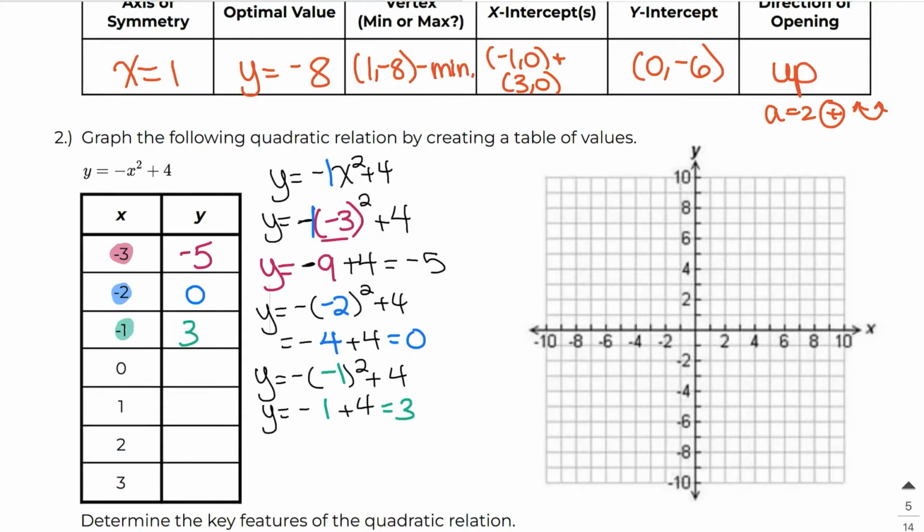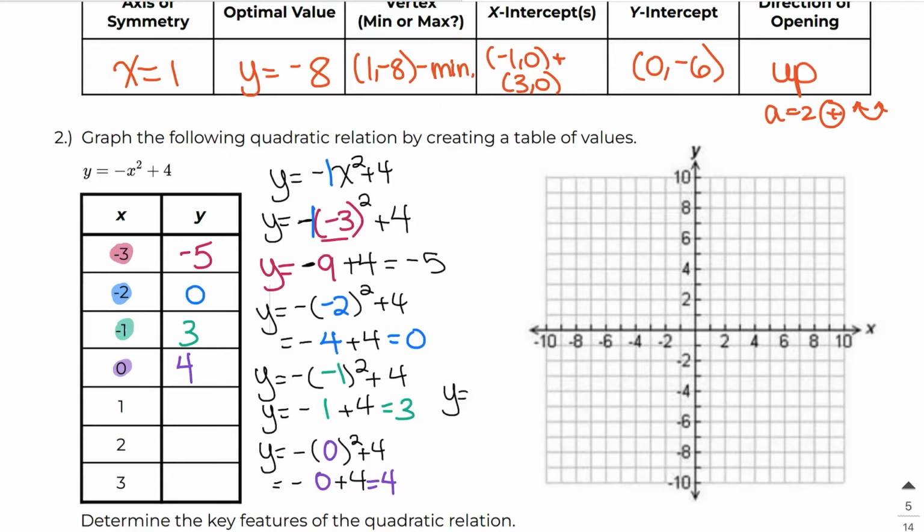For the next one, I have y equals negative, and then in brackets, I'm going to put in that 0 here. So I'm going to say 0 squared. Well, 0 squared is 0. We sure can add in that negative if you want, but -0 and +0 are the same thing. It doesn't matter. 0 plus 4 is +4. Okay, let's do one more together.